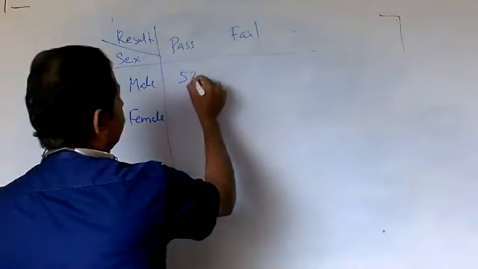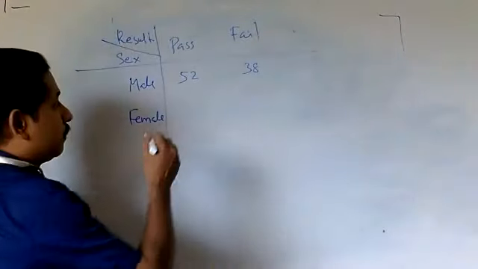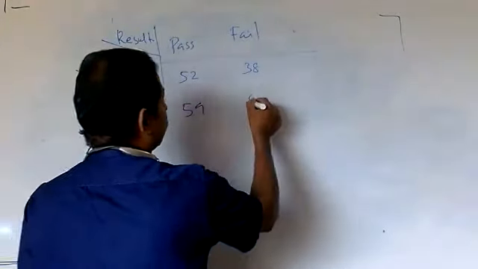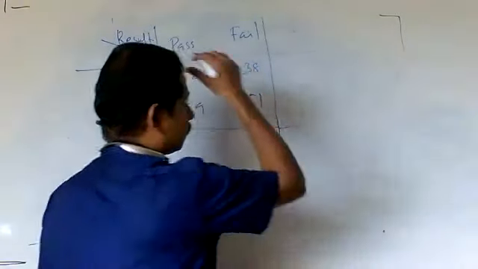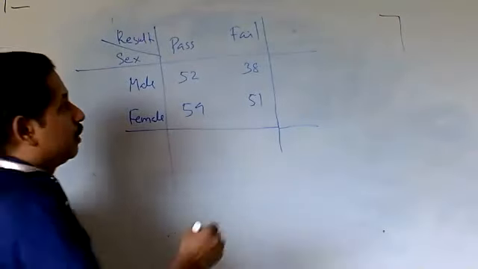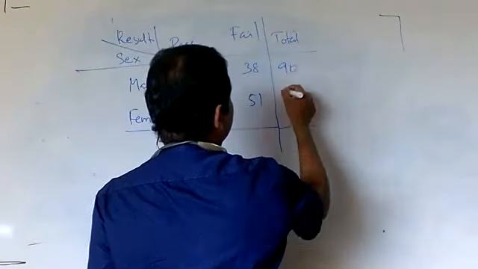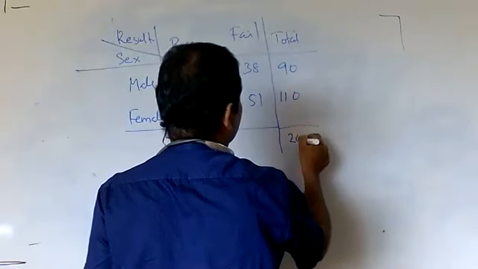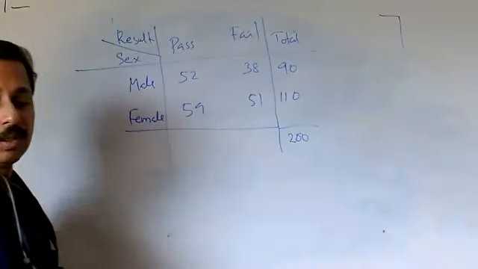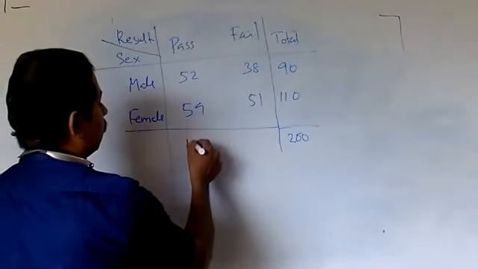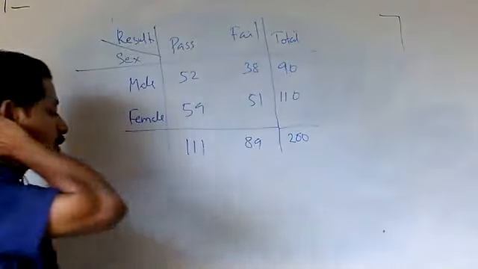Then here it is 52, here it is 38. Then 59 and 51. This is the table. So here it is the total: 90, then 110, 200, 200. There is 111, 89, so 200.